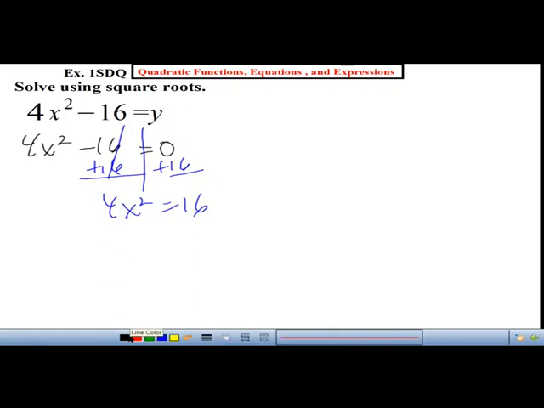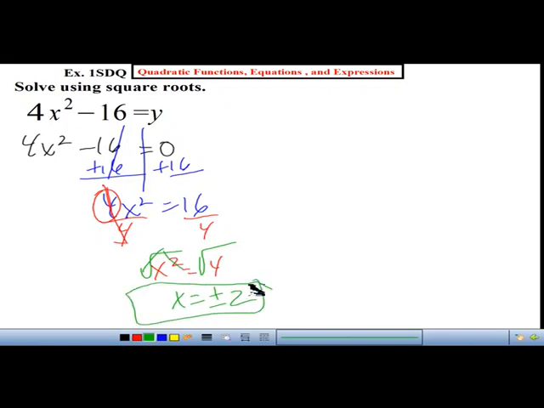You divide by 4? Yes, because we need to get rid of this 4 that's multiplying. So we end up with x squared equals 4. And then? Square root. X equals plus minus 2.